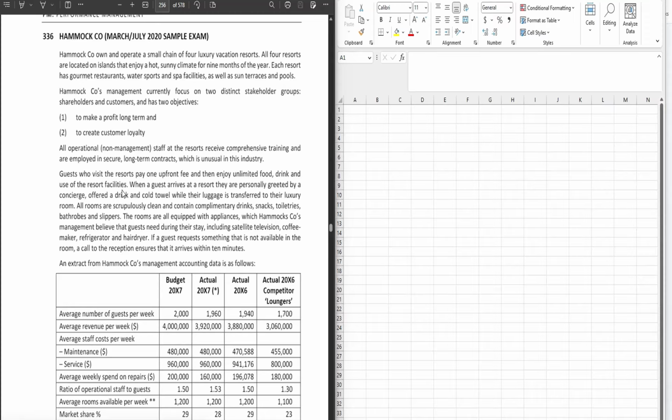So they only need to make the one-time upfront payment, and then they can enjoy unlimited food, drink, and the resort facilities. When a guest arrives at a resort, they are personally greeted by a concierge, offered a drink and a cold towel while their luggage is transferred to their luxury room.